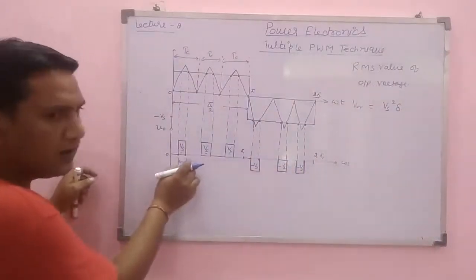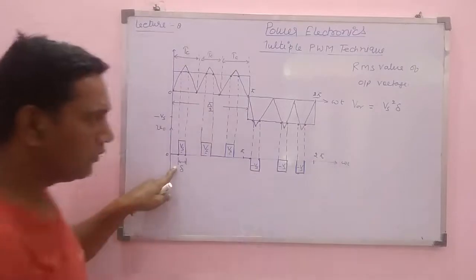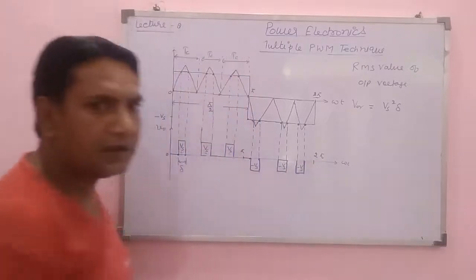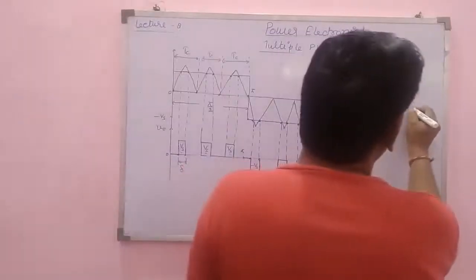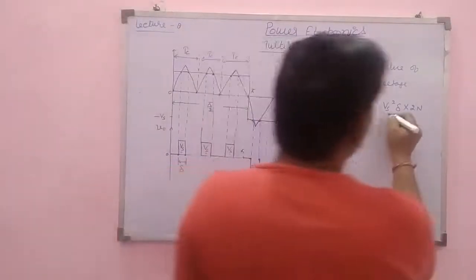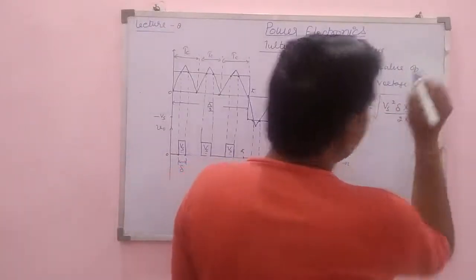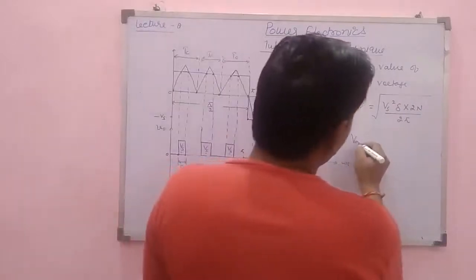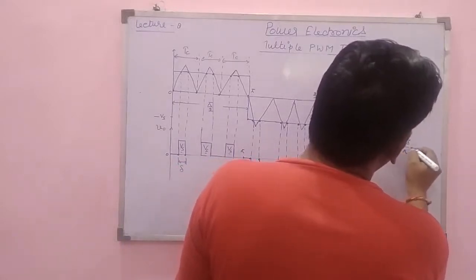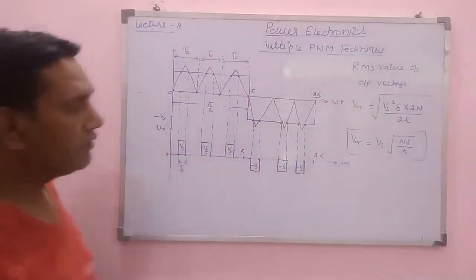But this is the area of a single pulse. But how many such pulses do you have? In 2 pi, you have n in the half cycle, and n in the next half cycle, so the total number of pulses is 2n. This is the total area of the pulses. And to find the average, what do we do? We divide by the total time period, that is divided by 2 pi, and after this we take the root. Okay. So V node R is equal to Vs under root n delta upon pi. Okay, so in that way you can obtain the RMS value of the output voltage.